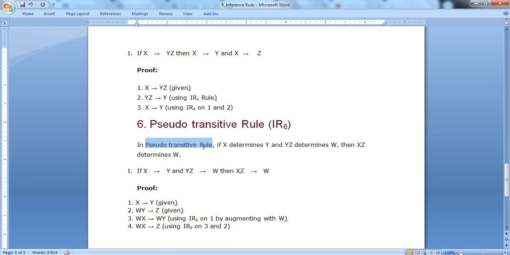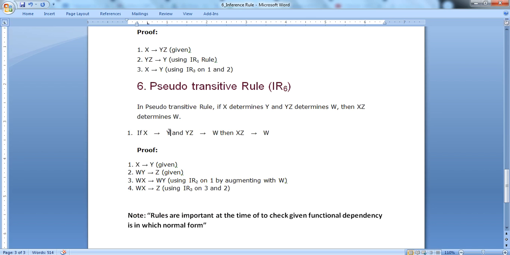In the pseudo-transitive rule, if X determines Y and YZ determines W, then XZ determines W. Here X determines Y, YZ determines W, and there is a common part between X and YZ. That is simply that XZ determines W.